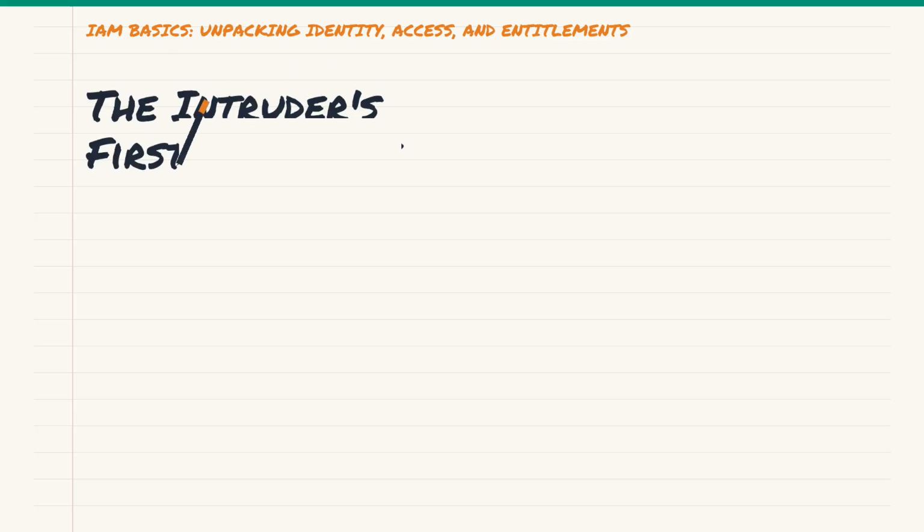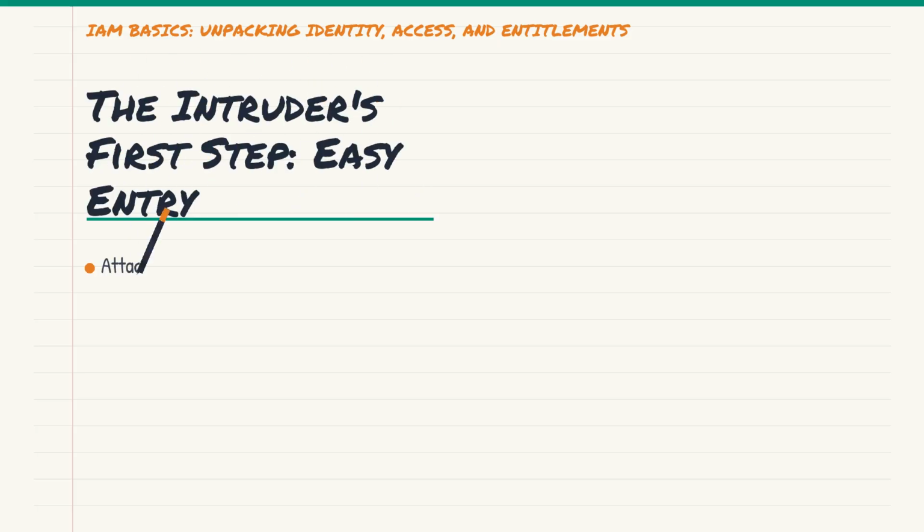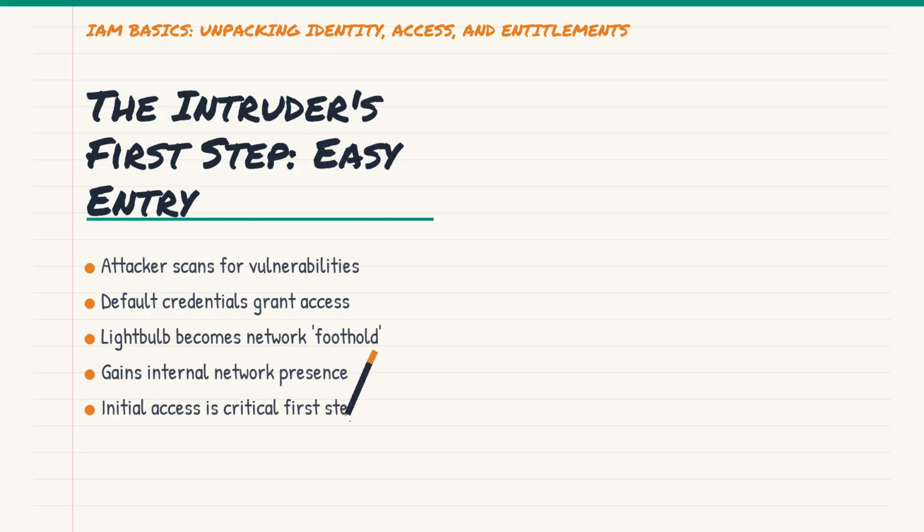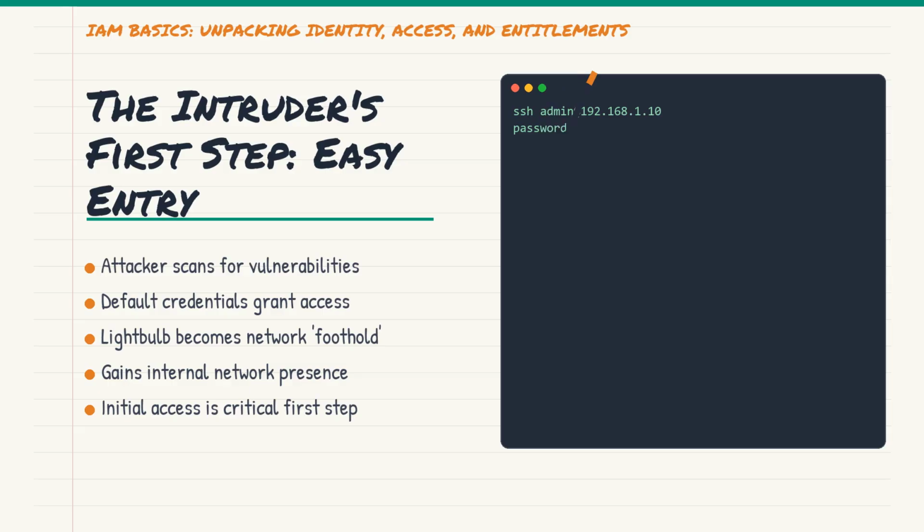An opportunistic attacker, scanning for vulnerabilities, finds the smart lightbulb on Tech Innovations Inc.'s network. They try common default credentials, and to their delight, they work. The attacker has successfully authenticated to the lightbulb, exploiting its weak identity. This might seem minor, it's just a lightbulb, after all.